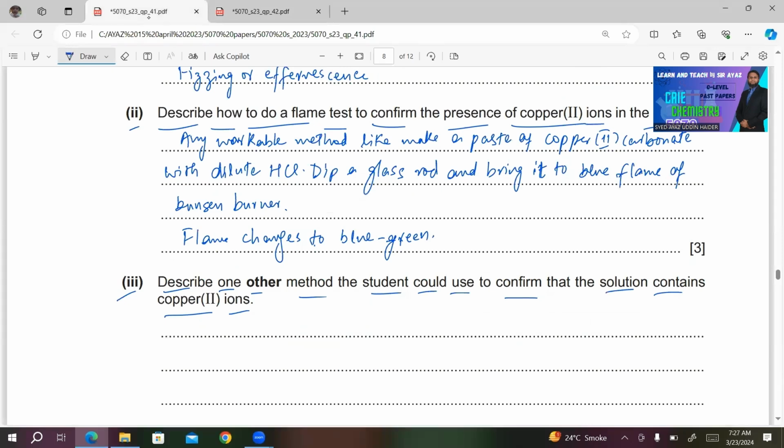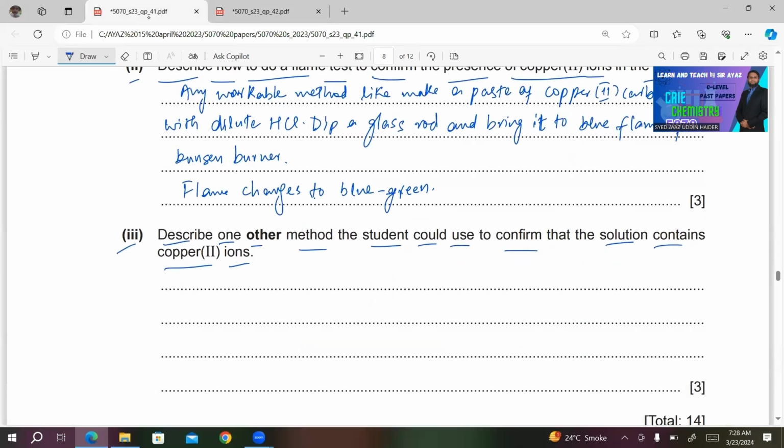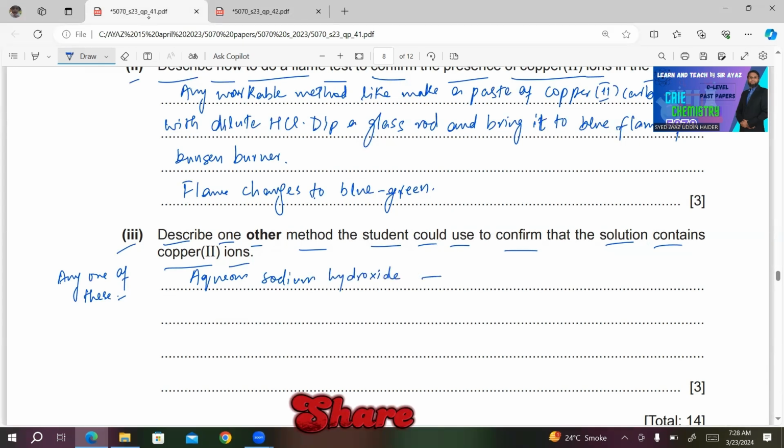So we'll write any one of these tests, for example, aqueous sodium hydroxide, blue PPT insoluble in excess.